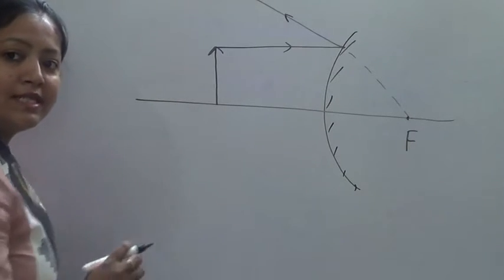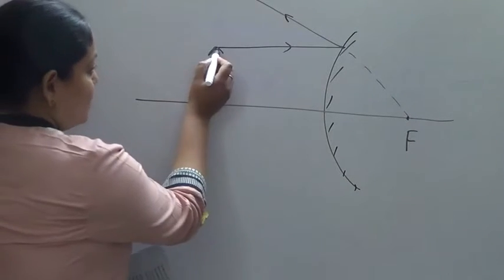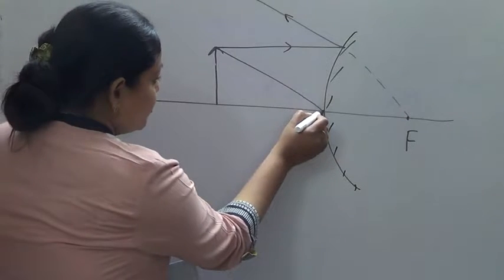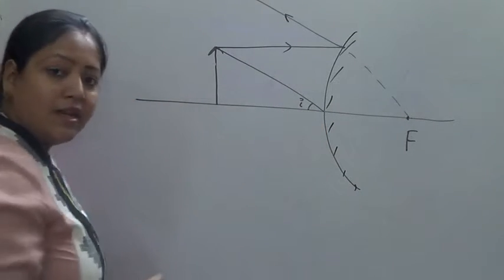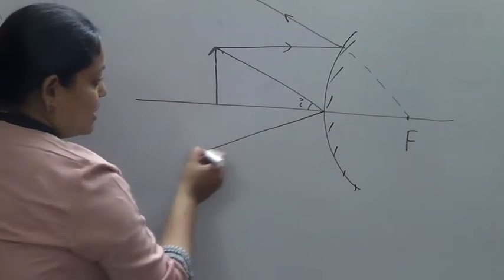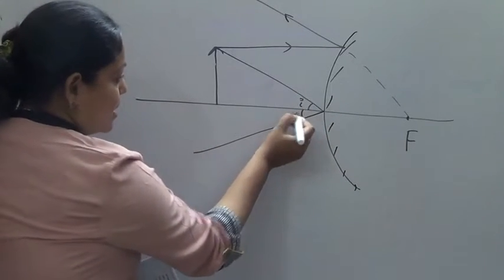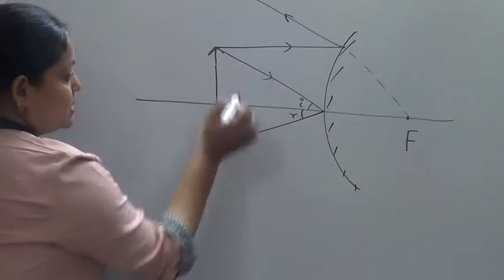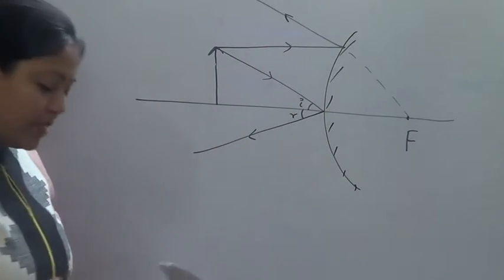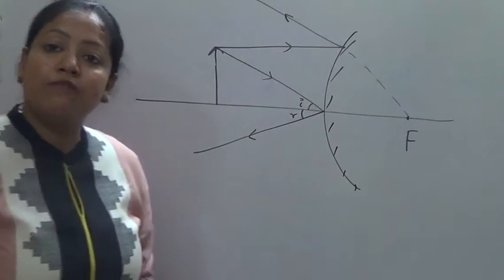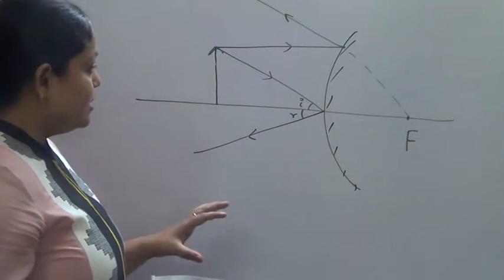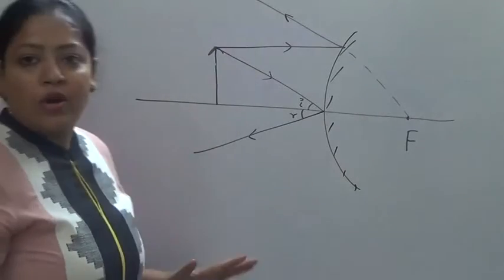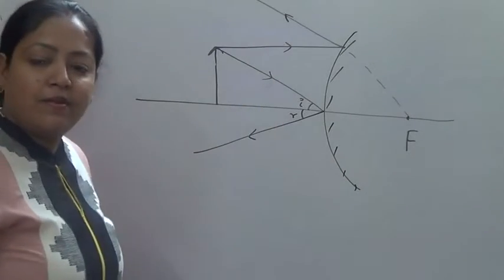And one more incident ray we need. So I am taking it at this point, so that this comes to be our angle of incidence, and the same angle we will make here, making i and r equal. So this is our incident ray and this is the reflected ray, and we know that wherever two reflected rays meet, at that position the image is formed. But here these two rays are not going to meet anywhere on this side.